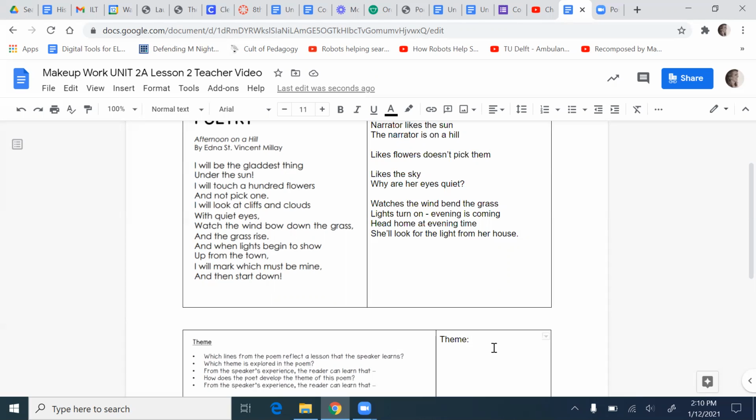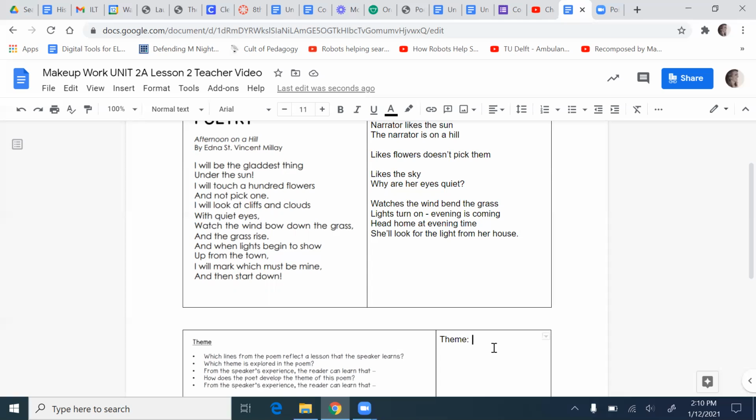But this afternoon on the hill gives her quiet eyes. So if she's wanting us to learn something from this, we can't learn afternoon on the hill. What can we learn about from her experience on this hill? So maybe quiet eyes means that she's at peace.